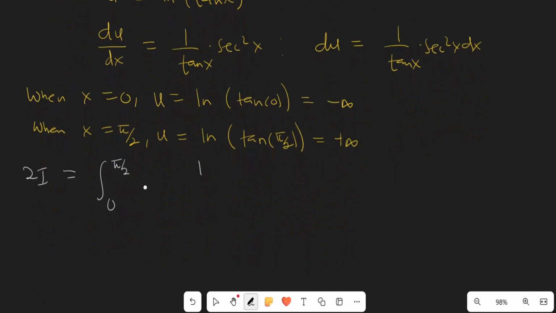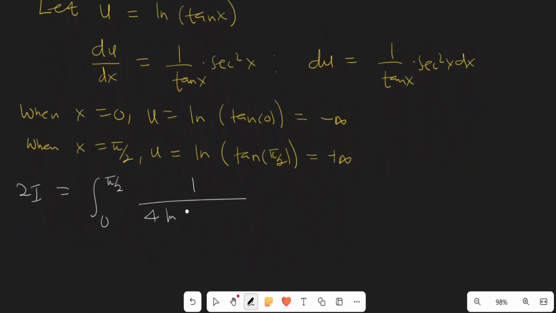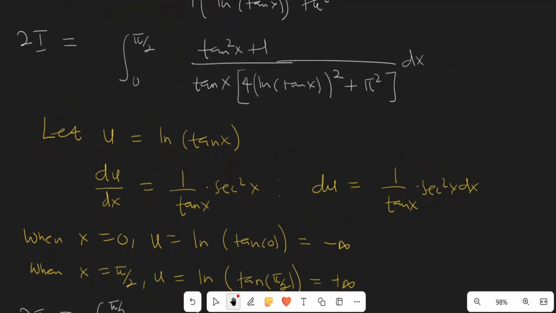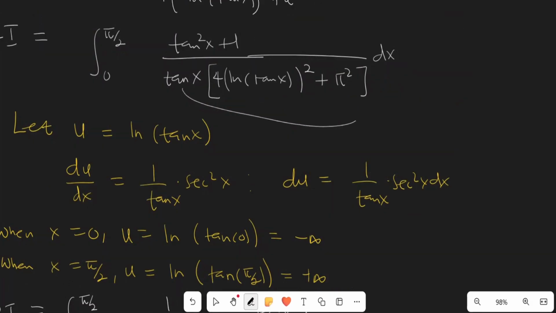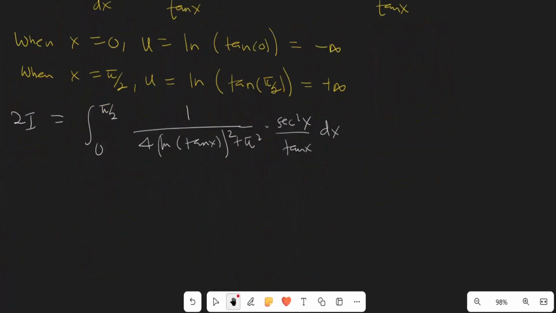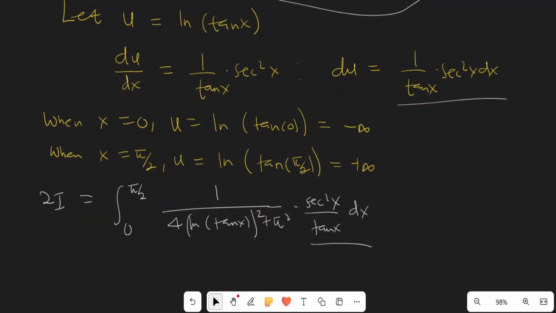This can be written as 4 natural logarithm of tan of x all squared plus pi squared times the numerator, which can be written as secant squared x. So we have secant squared x divided by tan of x dx. That is by bringing this one over there and then changing this one to secant squared x. And this one is du, which is our du over here.